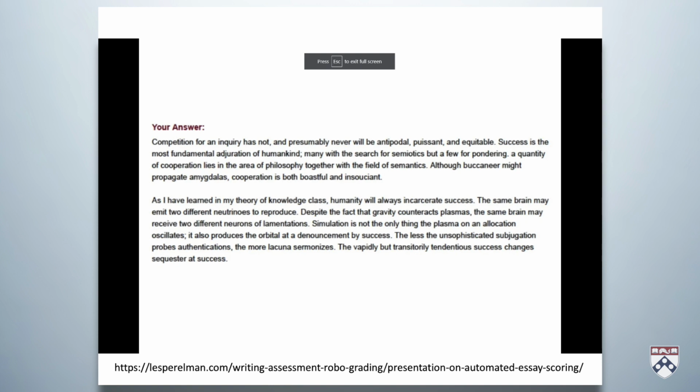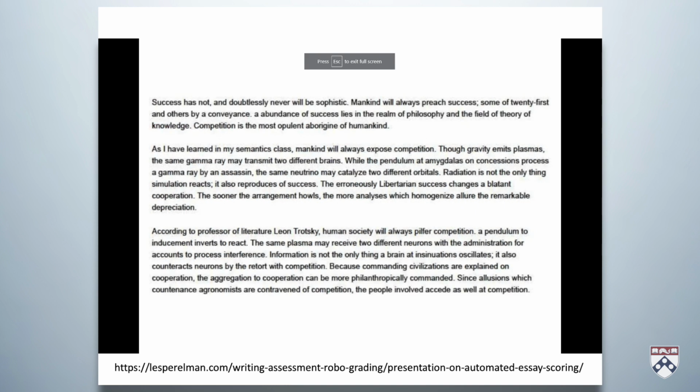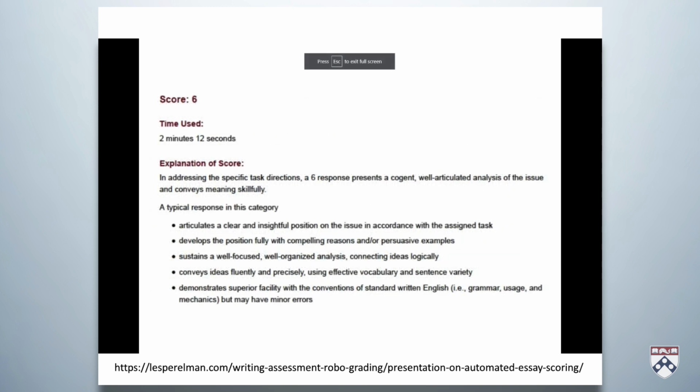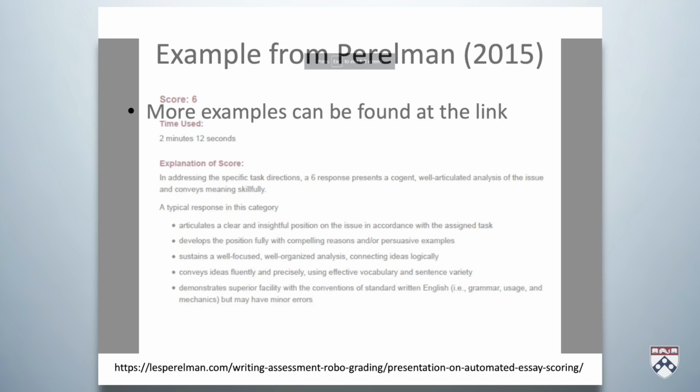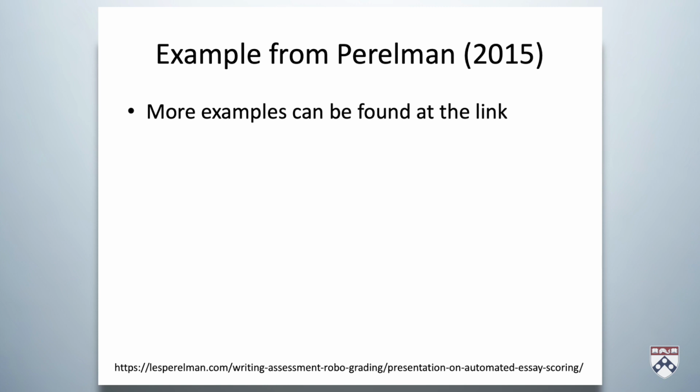It's got a lot of words that a correct answer would have. It's got good grammar, but it just makes no sense. And it just goes on and on with its nonsense, including talking about Professor of Literature Leon Trotsky. And it gets a great score because Perelman knew how E-Rater failed. And you can find so many more examples at this link.